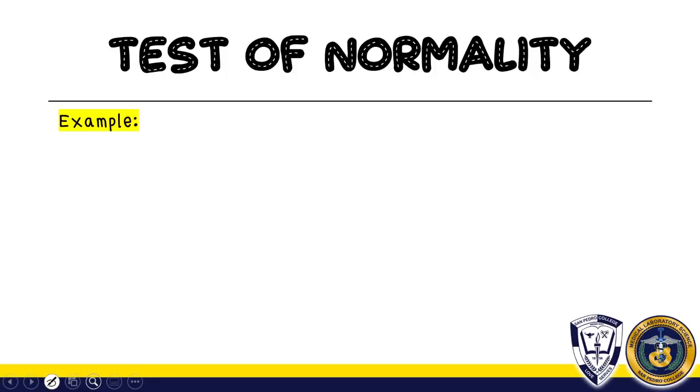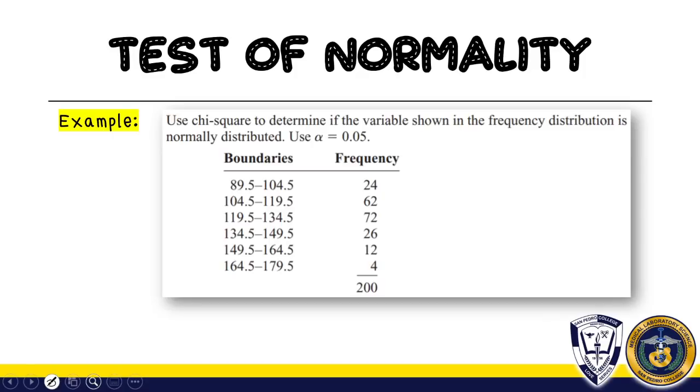Okay? So now we go to your example. For the test of normality, medyo complicated siya, pero depende sa inyong problem. But the problem that was presented in your Bluman was this one. Complicated siya in a sense that we were not given raw data.